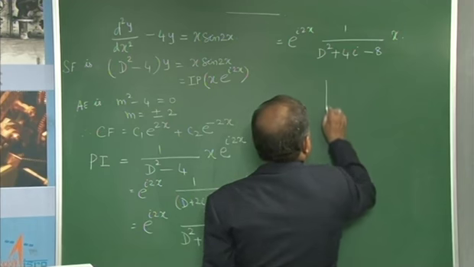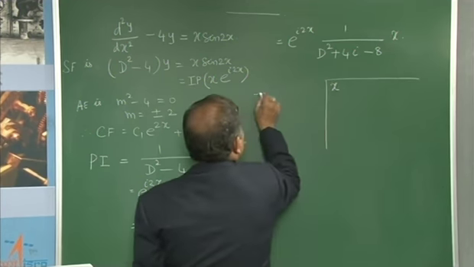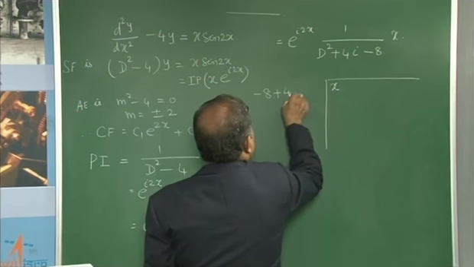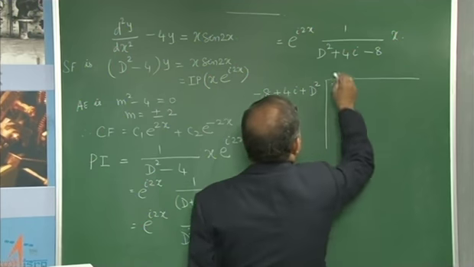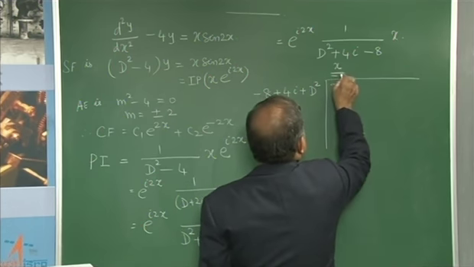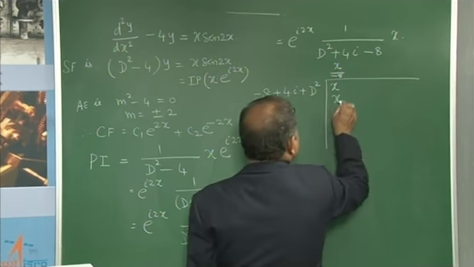Apply the division method. Minus 8 plus 4iD plus D squared. So, first term x by minus 8, so I will get minus x by 8.